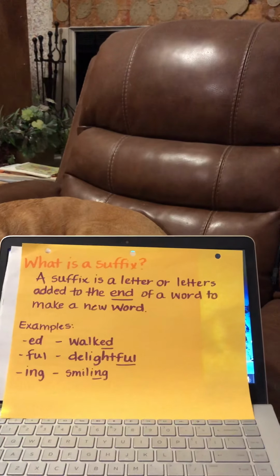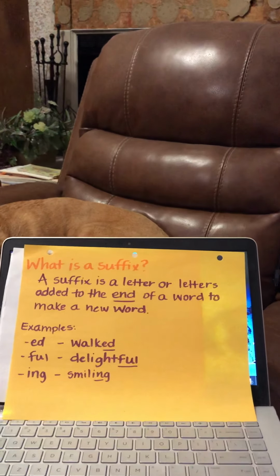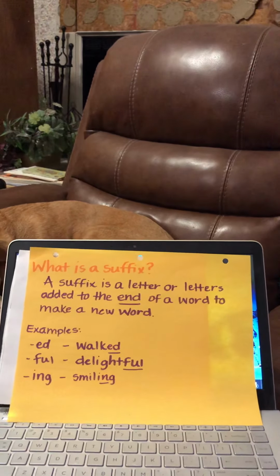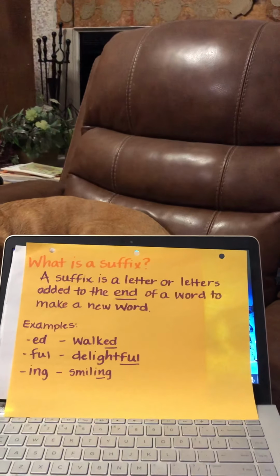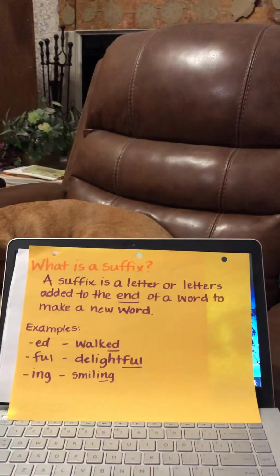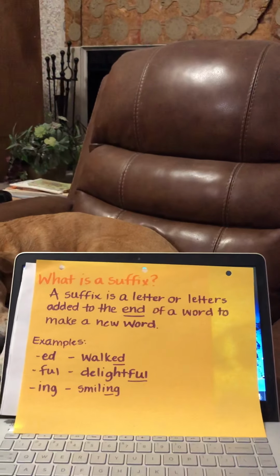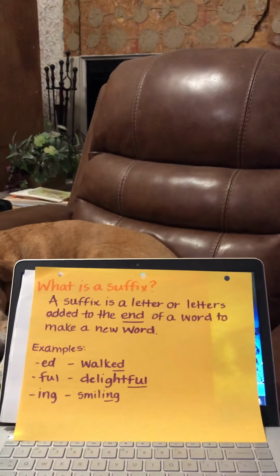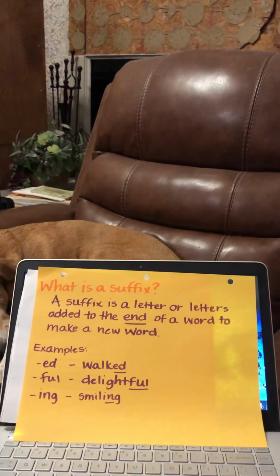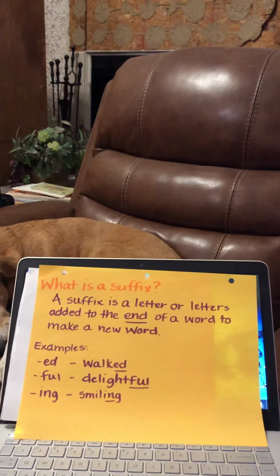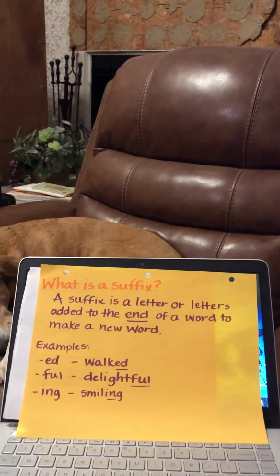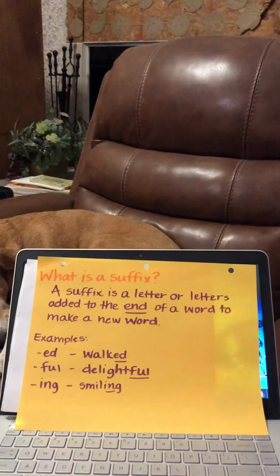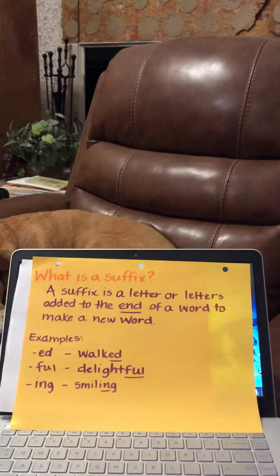So you have to be careful that you're watching for that. Sometimes you double the final consonant, add a suffix. Sometimes you might change a Y to I, such as in the word try or trying. Sometimes you have to take away, like in this case, an E and then add a suffix.